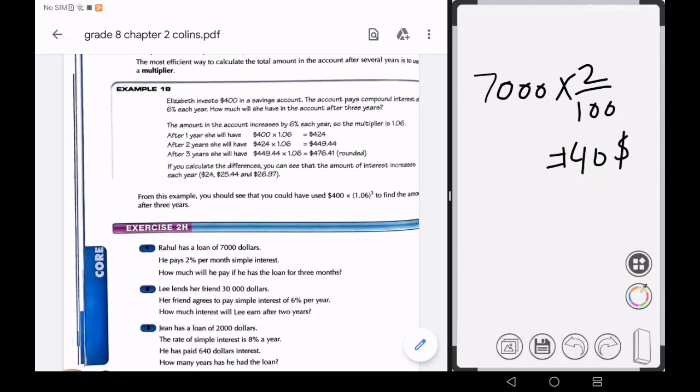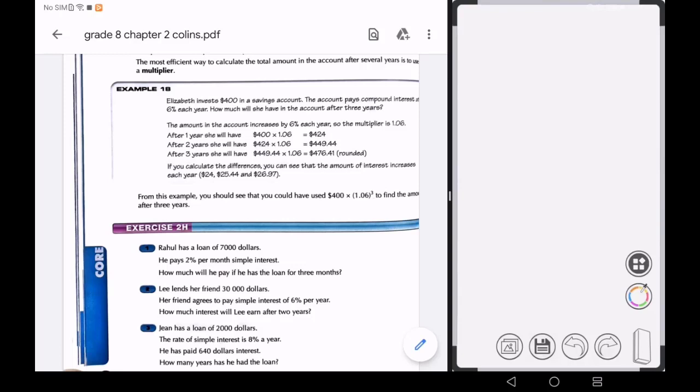So after 3 months he will pay 3 multiplied by 140, $420.